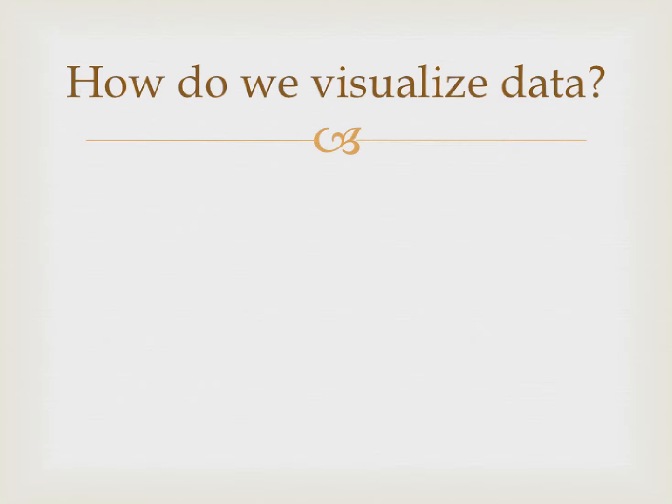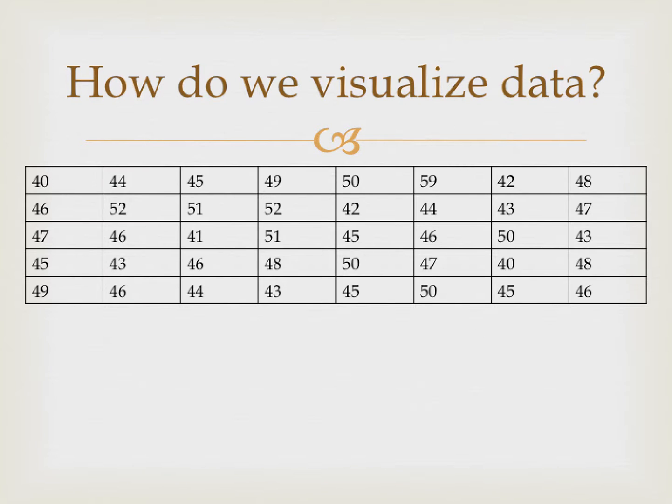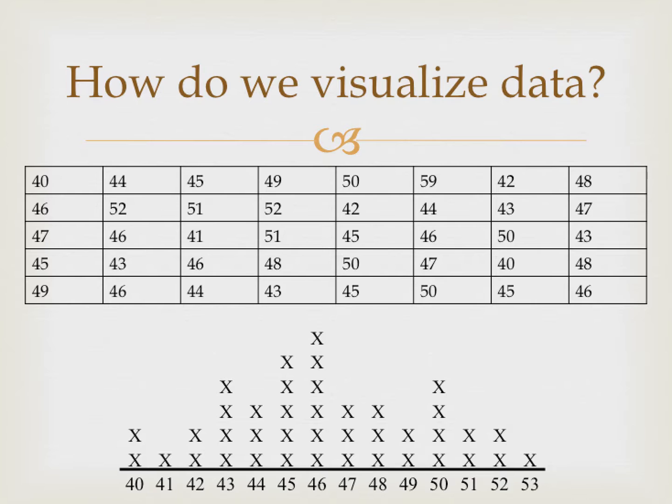Well, the first thing we have to talk about is how we visualize data. So when you get a data set such as this, one of the most basic ways to visualize it is to make a histogram or a frequency distribution, as you can see at the bottom. And we do this for several reasons. If we don't want to do all the math, this frequency distribution gives us a pretty good idea of what's going on.